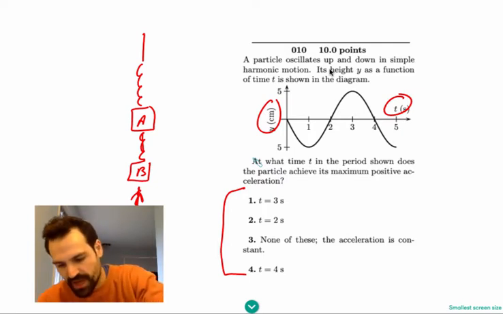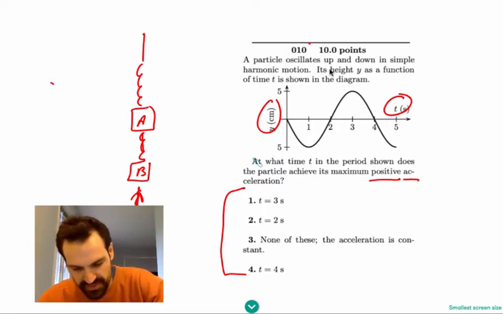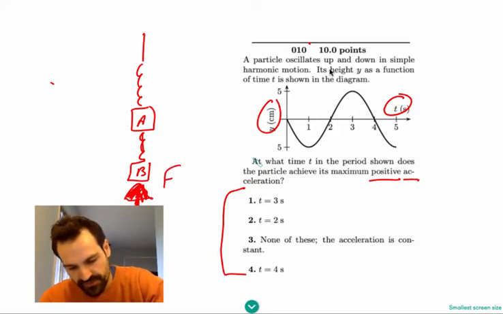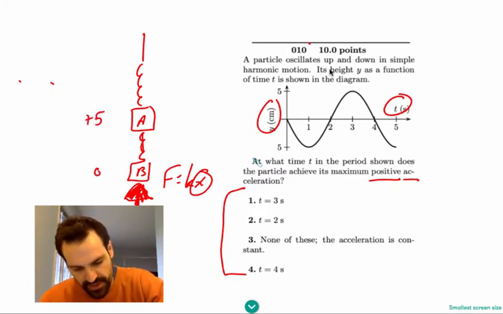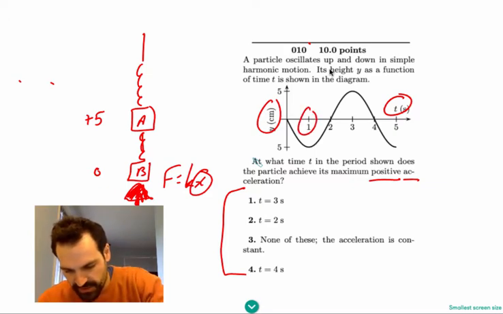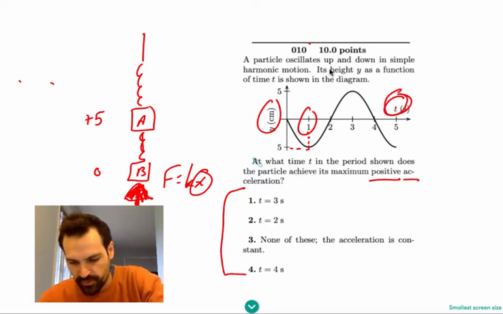The maximum positive acceleration, meaning it's being pulled upwards with the most amount of force. So F equals kx. So when the position is greatest, it's going to be pulled upward the greatest. So this would be -5, 0, and +5. So at -5 is where it's the greatest, and we look at the graph, and that happens at time equals 1 second.